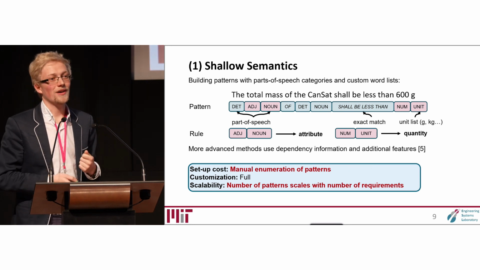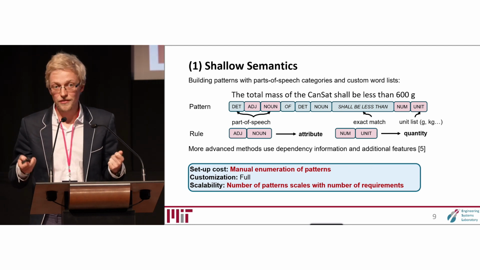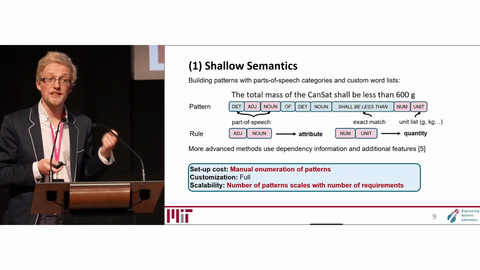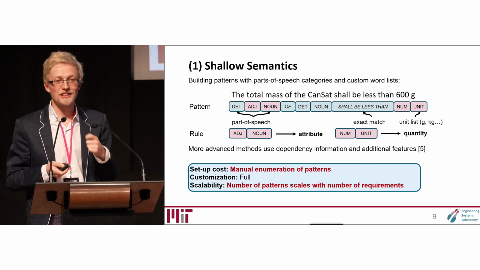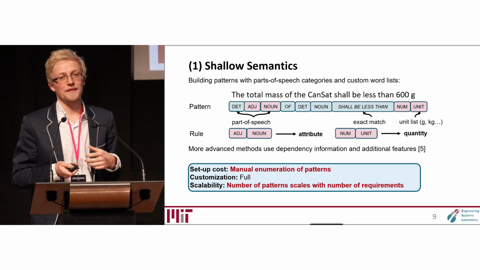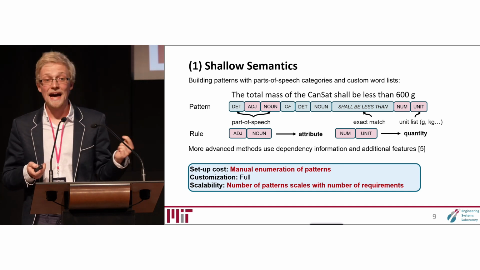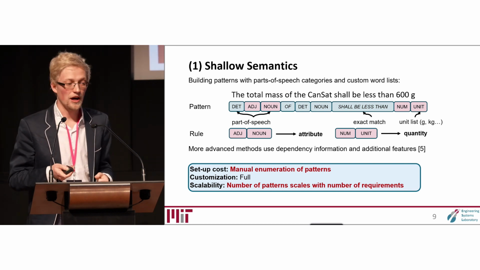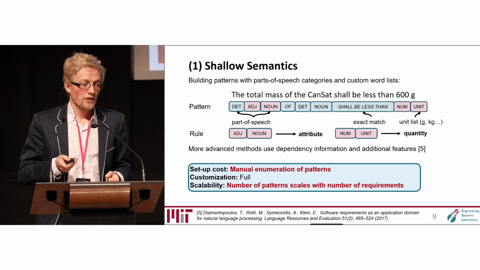So if we're talking about hundreds of thousands of requirements, this is not a very scalable method. I'm not saying that it's one pattern per requirement, right? That would defeat the purpose of this. But it still could be one pattern for X amount of requirements.